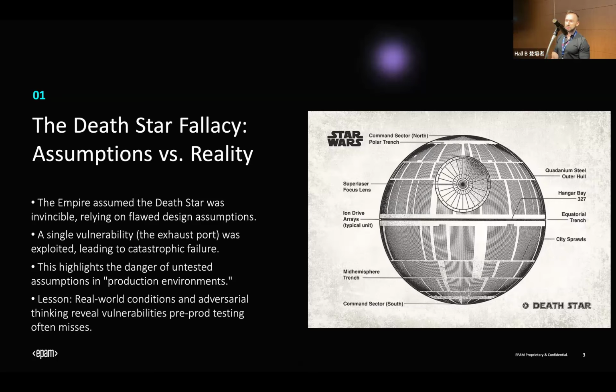It happened because the CEO, the emperor, thought that it is indestructible. We have no vulnerabilities, and we don't have to test. We don't have to do drills, and we don't have to do this and that. However, some smart guys found out there's a workaround, and they used the exhaust port to launch a missile, and eventually they destroyed the Death Star.